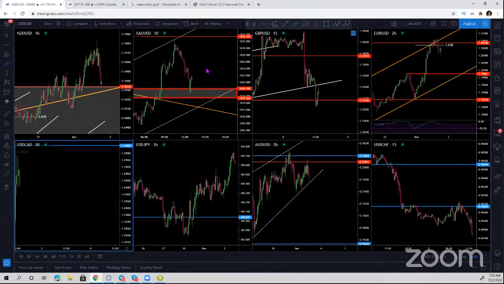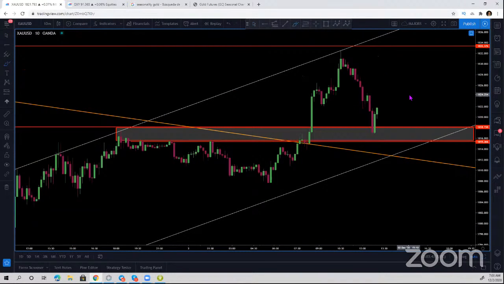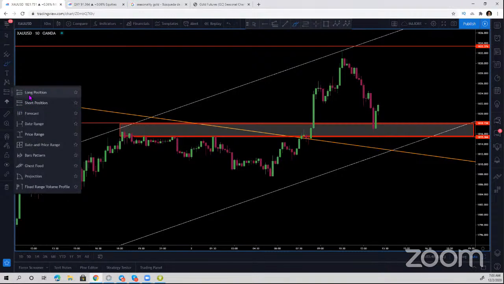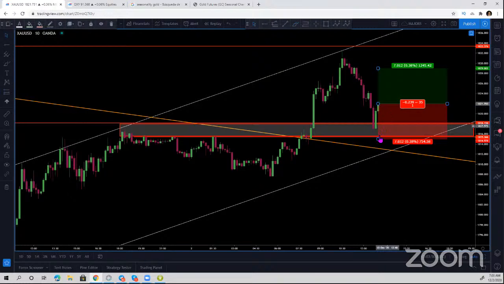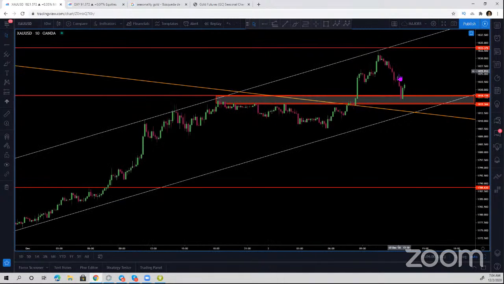And like I was saying, these moves in gold happen real quick, and in my opinion the move is gone, because the risk to reward to first targets is 1 to 1.3, which is something that I don't do, right?